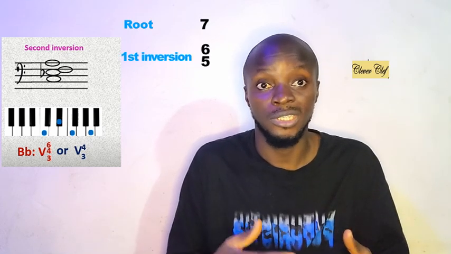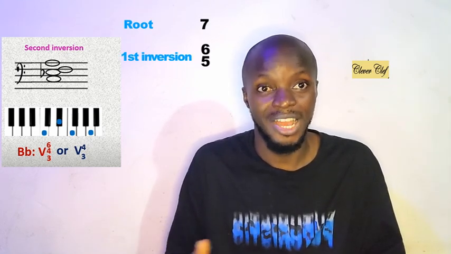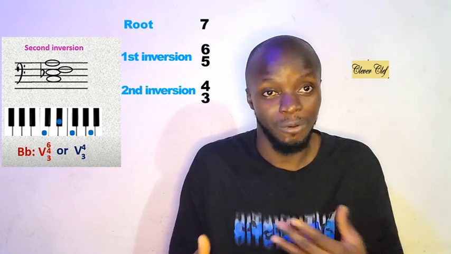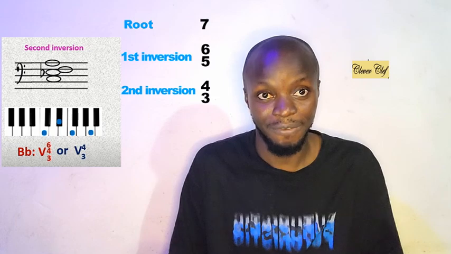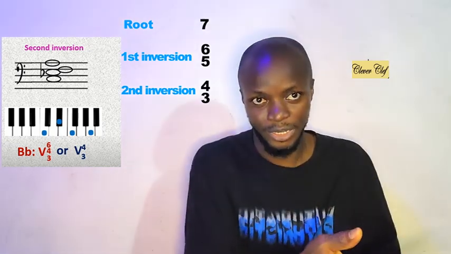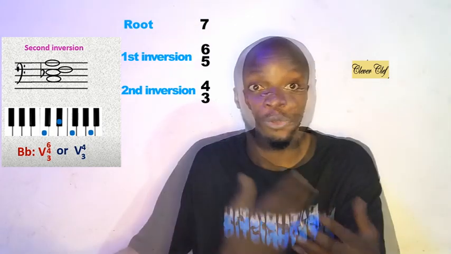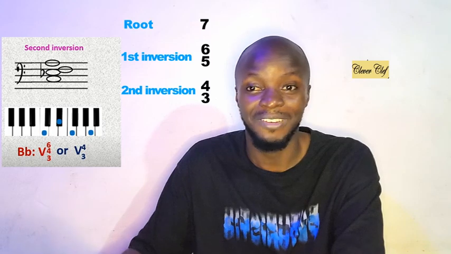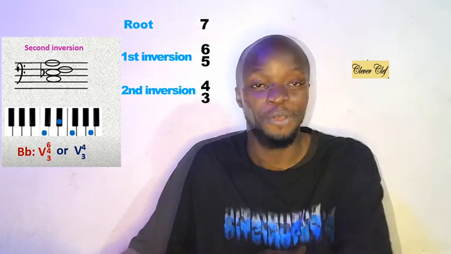Let's do a little recap. The root position of a seventh chord is simply seventh, the first inversion is 6-5, and the second inversion now is 4-3. Now you can have the third inversion.